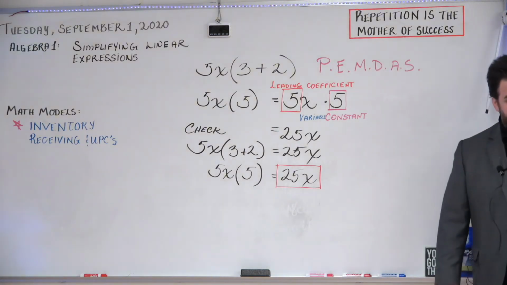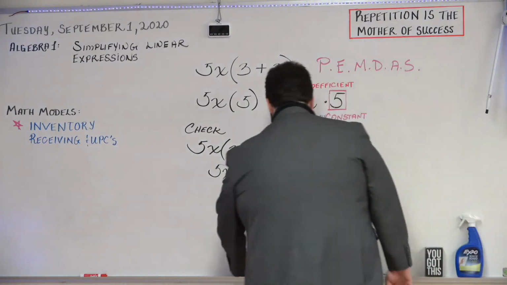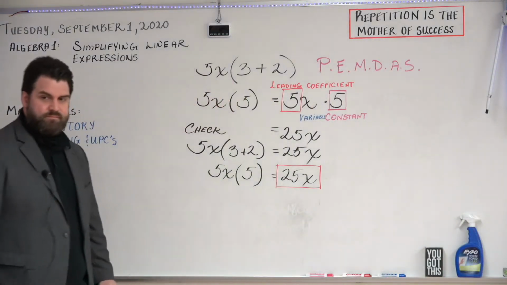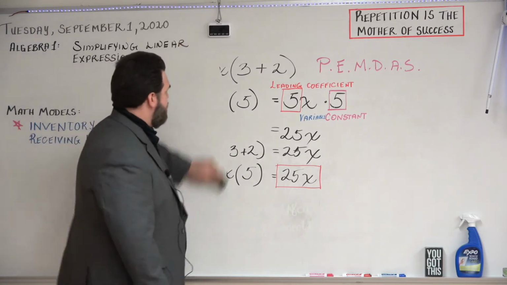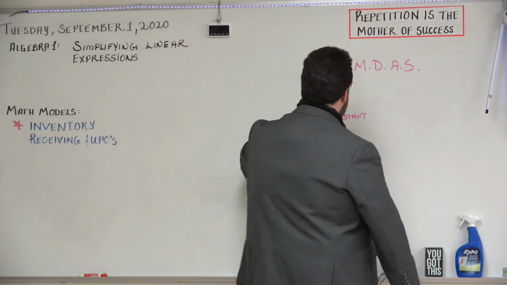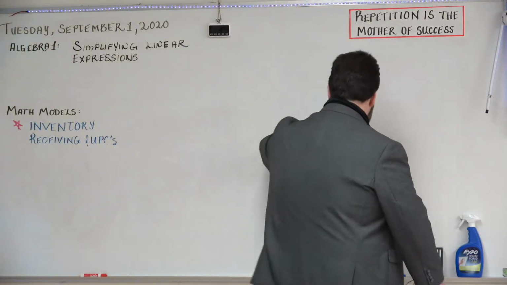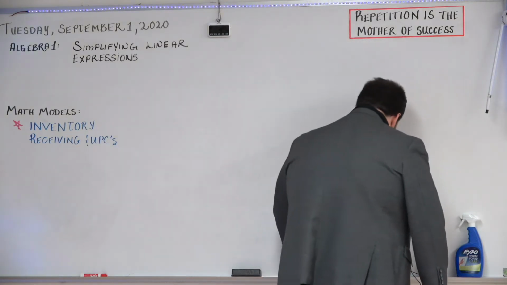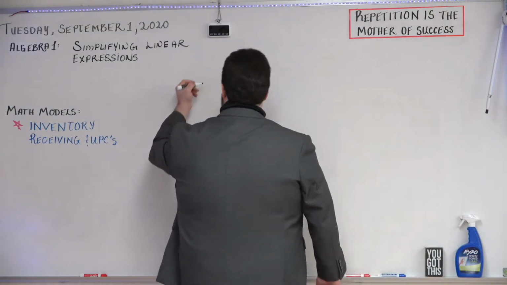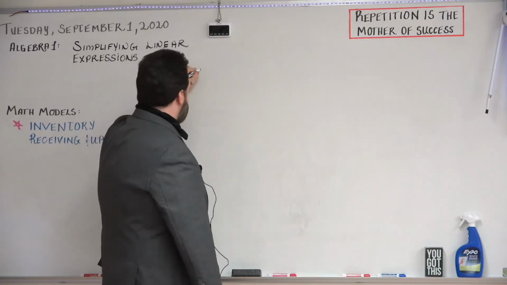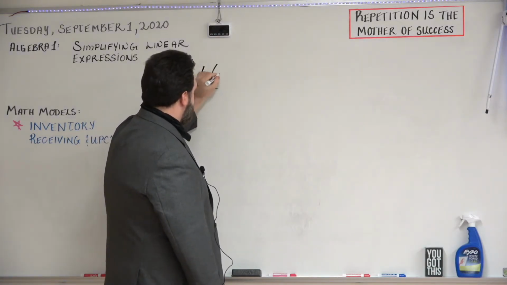Okay, let's do more. Can I erase all this? All right. Let's do something that requires more than just one simple thing. Let me think of this for a minute. Let's do 6.